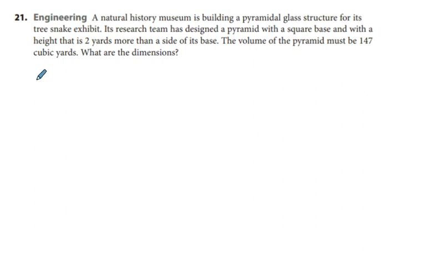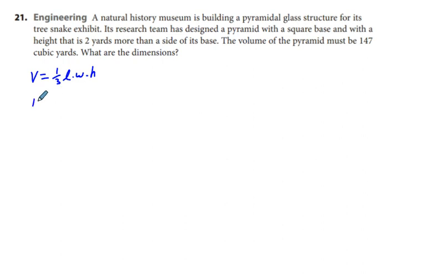What we have is the volume of a pyramid is going to be 1/3 of its base, and the base is going to be length times width, times its height. Okay, so what we have here is the volume of the pyramid is 147.